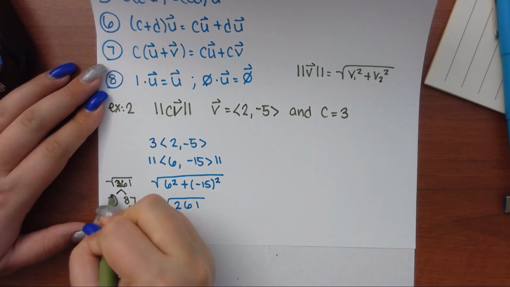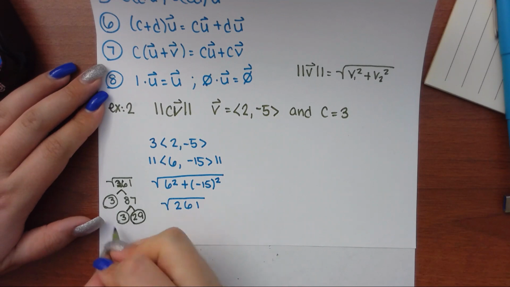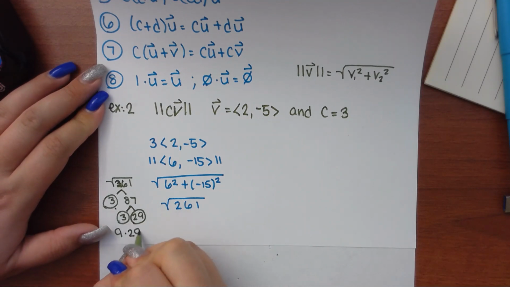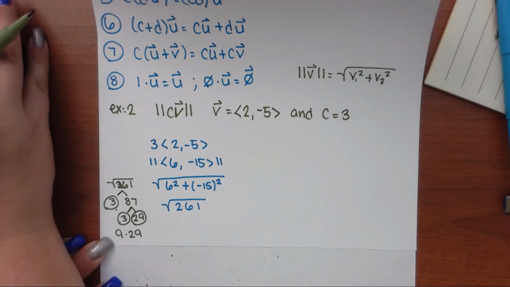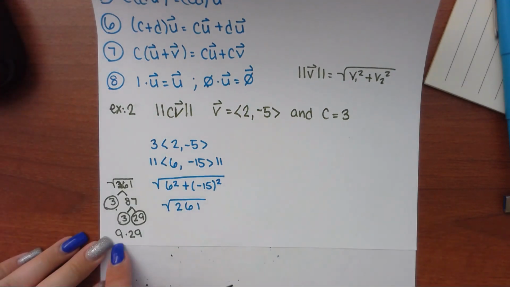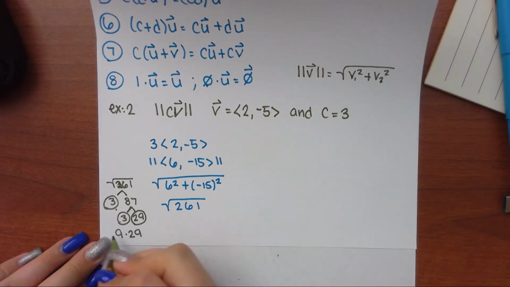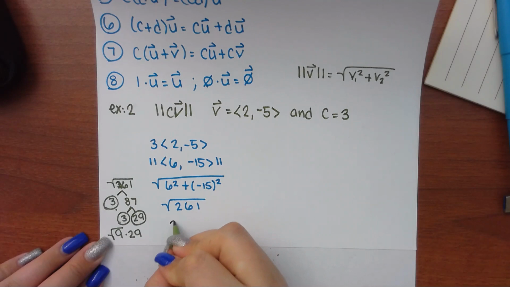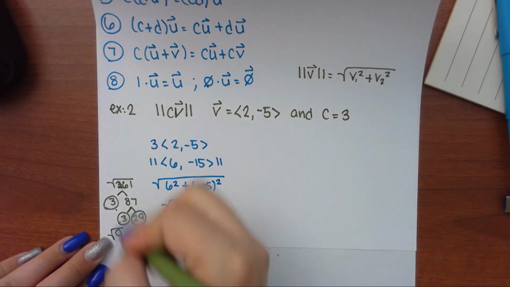But this is the same thing as if I multiplied 3 and 3 together, 9 times 29. To finish this off, the square root of 9 is 3, and we would say that this whole thing simplifies to 3 square root of 29. So that could be your answer here.